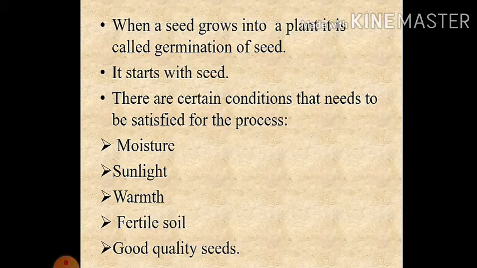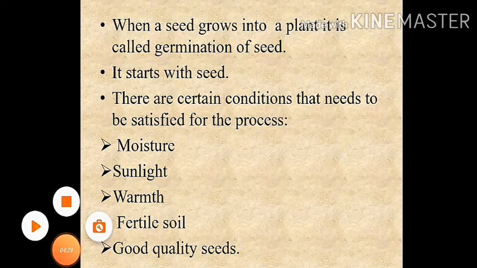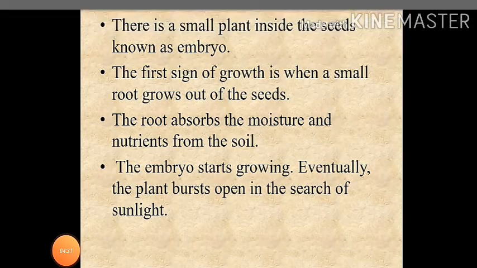Whatever soil you use to sow a seed should be fertile so that the plant can receive enough nutrients and food from the soil. Good quality seeds. The seed you use should also be of good quality. If a seed is of good quality, then it will grow into a good plant.